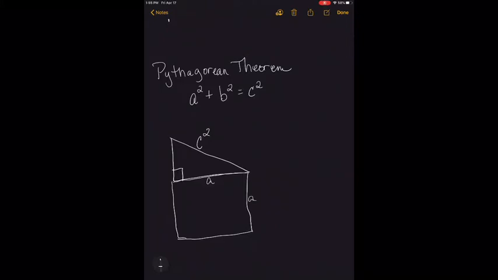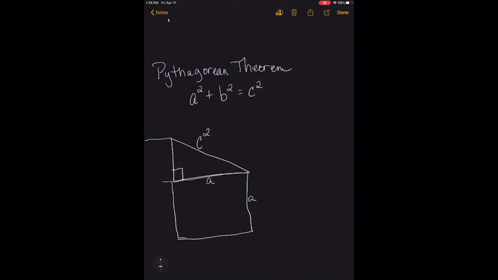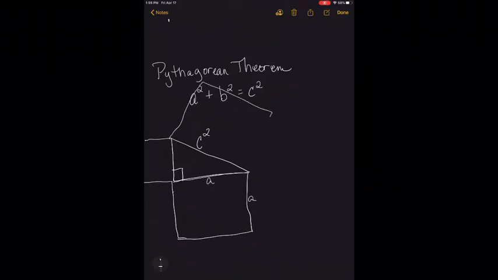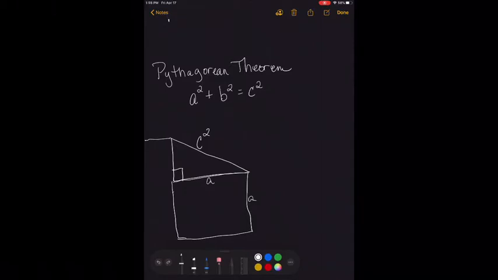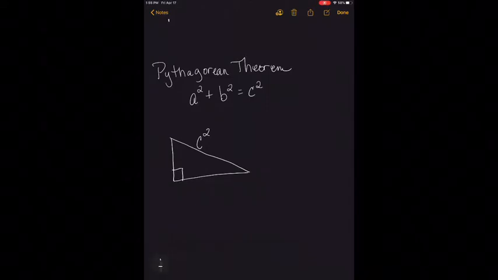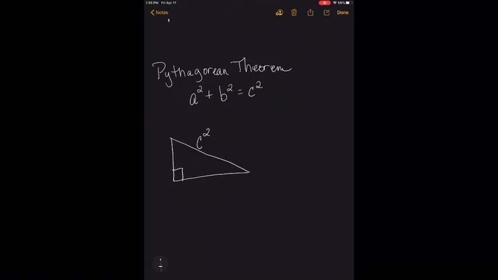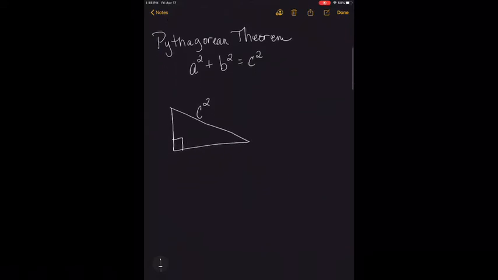It's a really small picture, but if you square this side, we'll call it A, A times A, you find the area of the square that comes off of that side of the triangle, and you add to it the area of this square, you will get the area of that square. And so what that means is that we can find the length of a side using that equation.